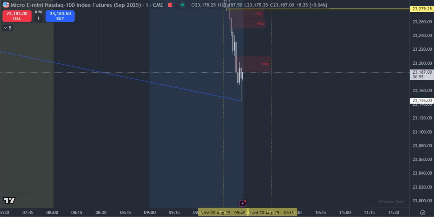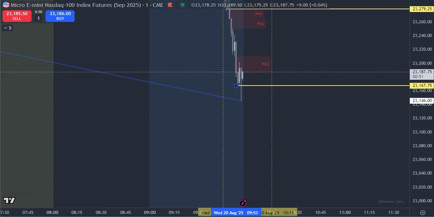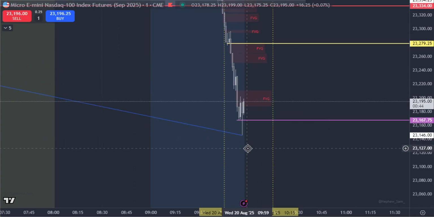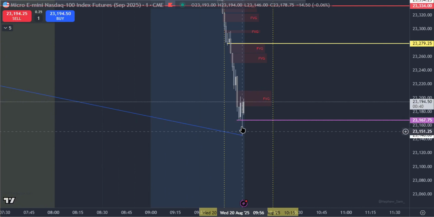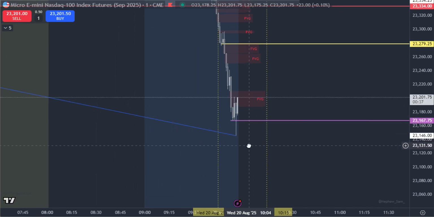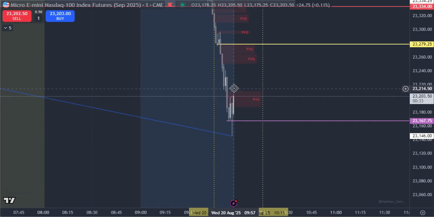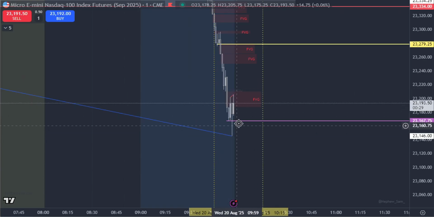Right now, you see how that wicked? The body of the candle is right there at the moment. 10 o'clock is coming up. So far, this is the wick on the 9 o'clock candle. Depending on how bullish this closes, all of this could be the bottom of the wick of the 9 o'clock candle.